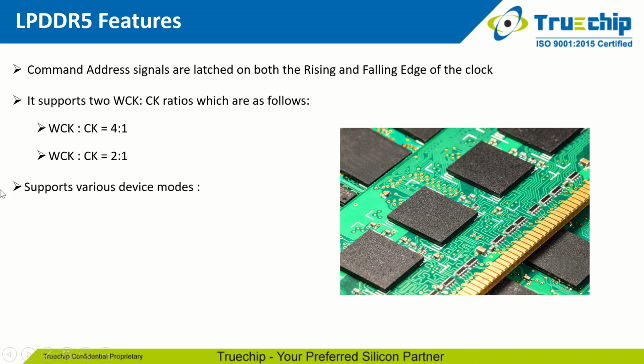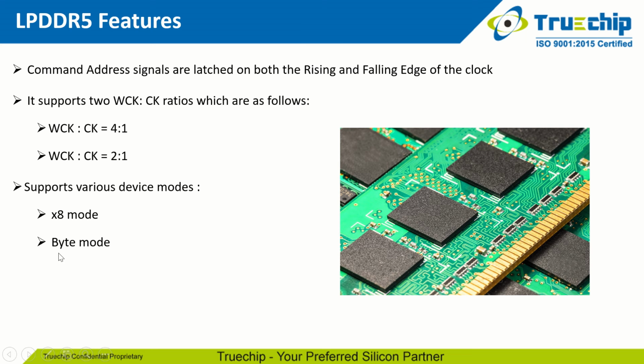It also supports various device modes. The first one is X8 mode, in which either lower byte or upper byte can be selected per channel when this mode is enabled. ODT CA, CS, CK is disabled and it is supported by all bank architecture.